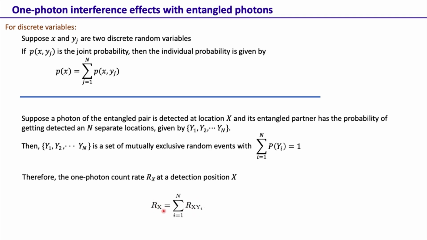So the intensity at Rx can be written as the sum of the coincidences between x and all those yi's. This comes straight from classical probability theory, which we are using here to express the intensity at individual detectors in terms of the sum of the coincidences. We will use this result in our next lecture, but for this lecture we will stop here.